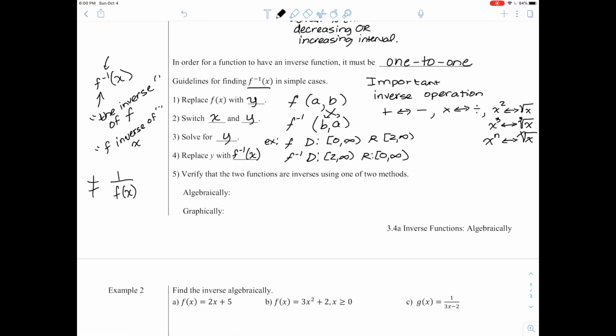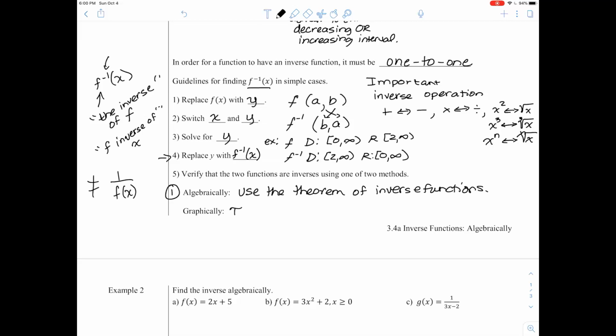Okay, so after we find the new inverse, step 4, we're going to verify the 2 functions are inverses using one of the 2 methods, and today we're going to be using the algebraic method. And so algebraically we will be using the theorem of inverse functions, and I will talk to you about that in just a moment.